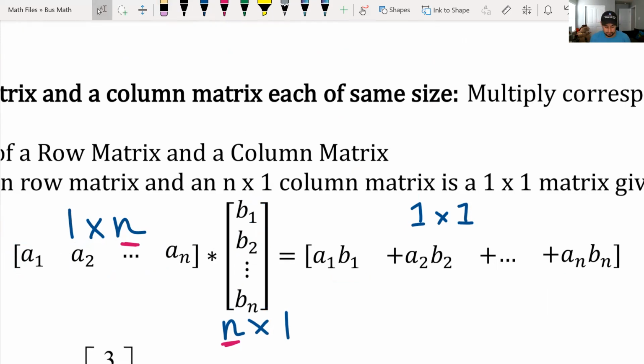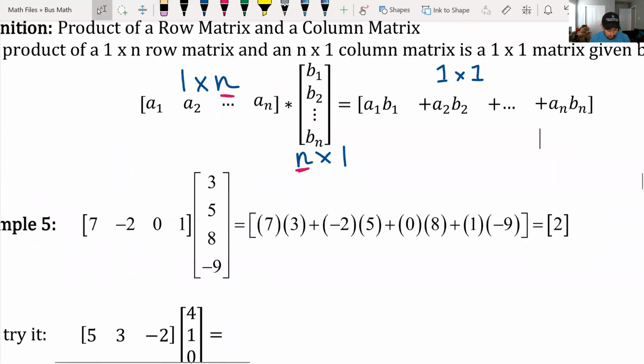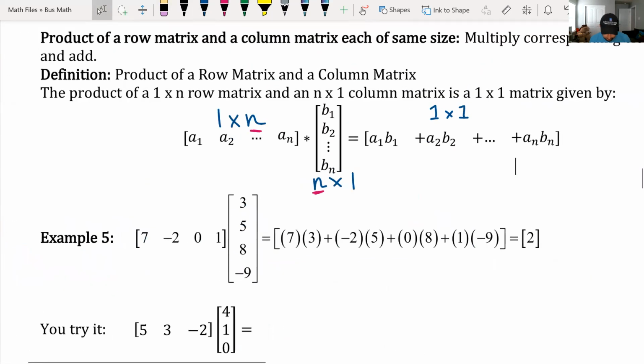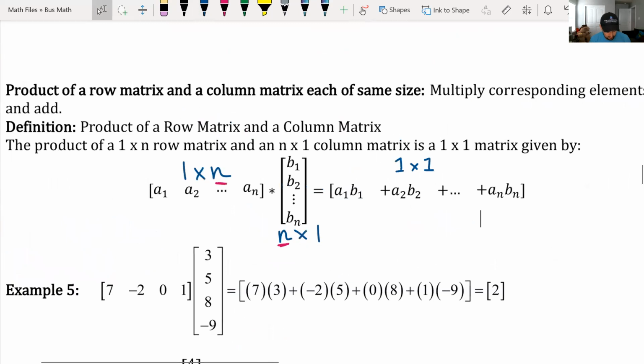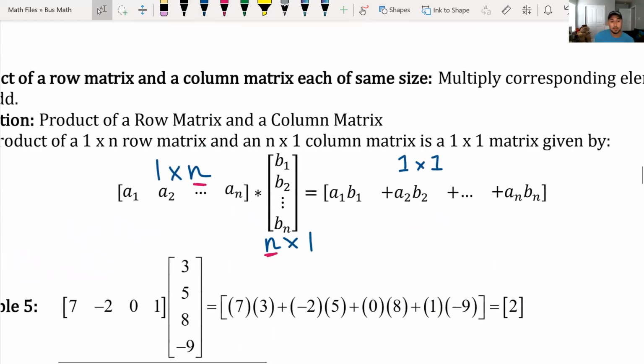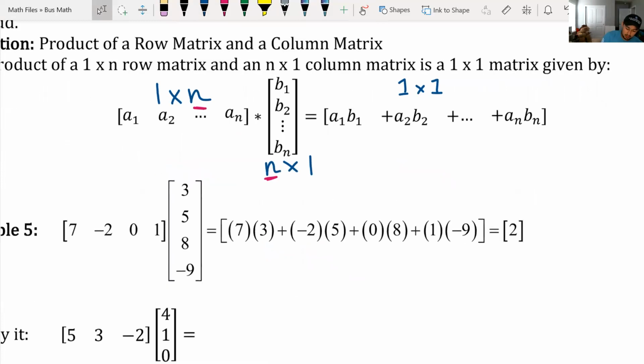Okay, let's try it out. Or first, let's look at the example. Okay, so example 5, the first matrix is 1 row by 4 columns. I'll write that down below. This matrix is 1 row by 4 columns.